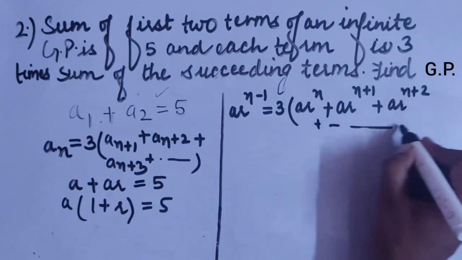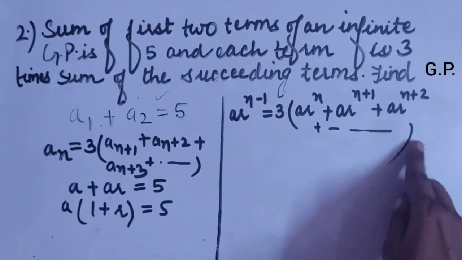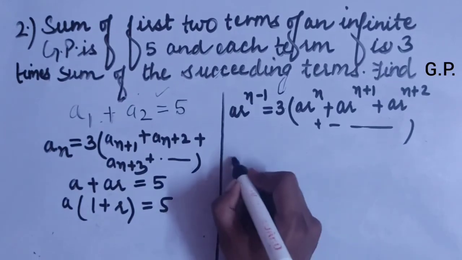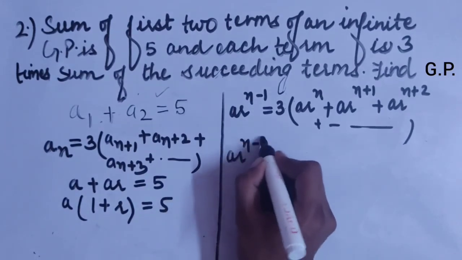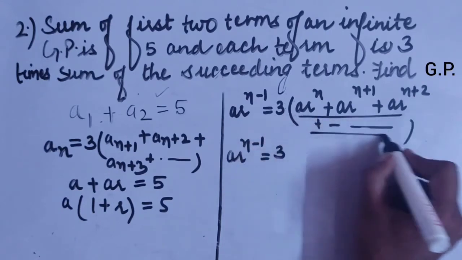And so on. So a into r raised to the power n minus 1 will be equal to thrice of ar raised to the power n plus ar raised to the power n plus 1 plus ar raised to the power n plus 2 and so on. Now see students, ar raised to the power n minus 1 is equal to thrice of, now what is common from here?